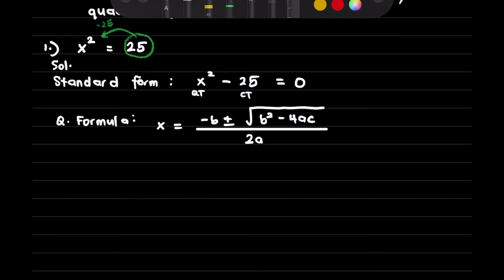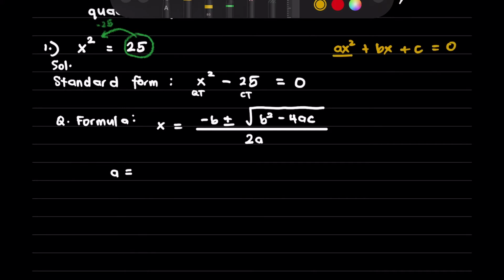Next, ang gagawin natin ay hanapin natin yung value ng a, ng b at saka ng c, yun ang isa-substitute natin sa ating formula. So, what are the values of a, b, and c? Yung a natin, di ba, ax squared plus bx plus c equals 0.